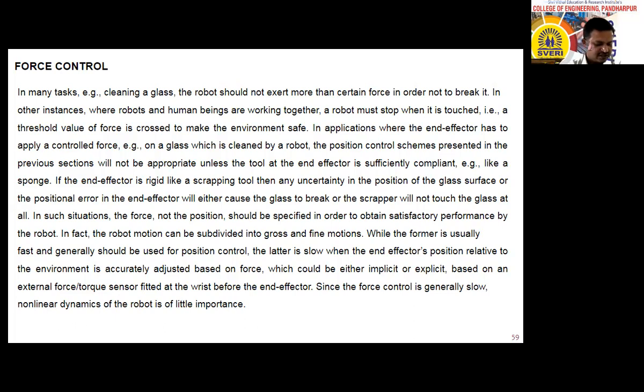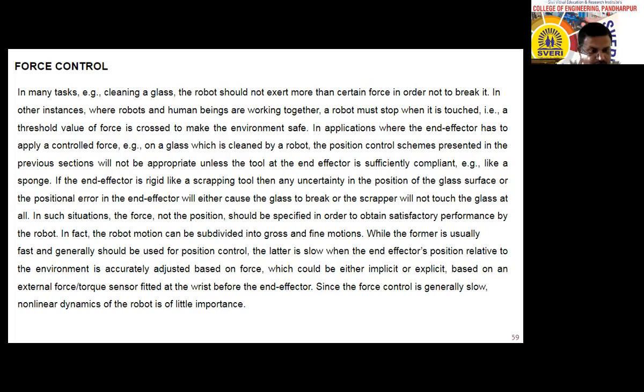In such situations, both force and position should be specified in order to obtain satisfactory performance by the robot. In fact, the robot motion can be subdivided into gross and fine motions.